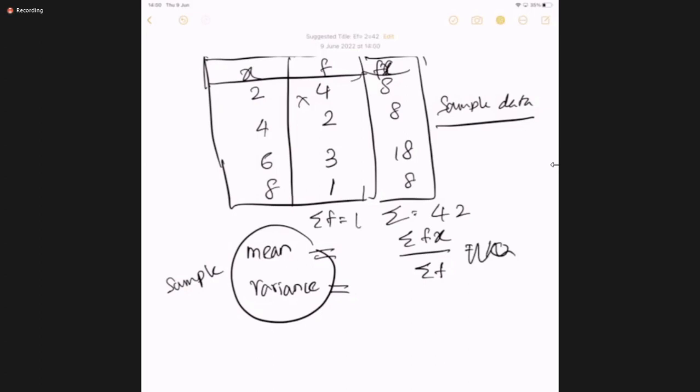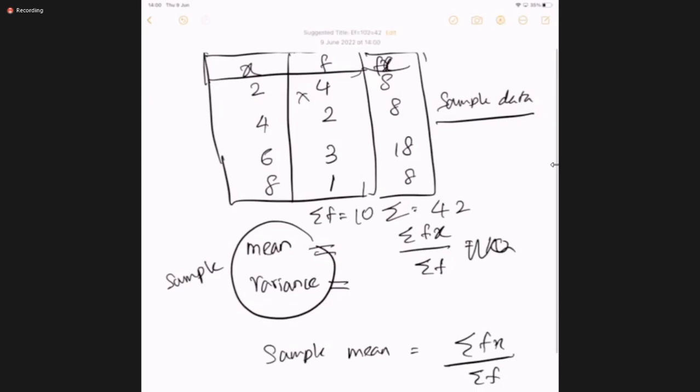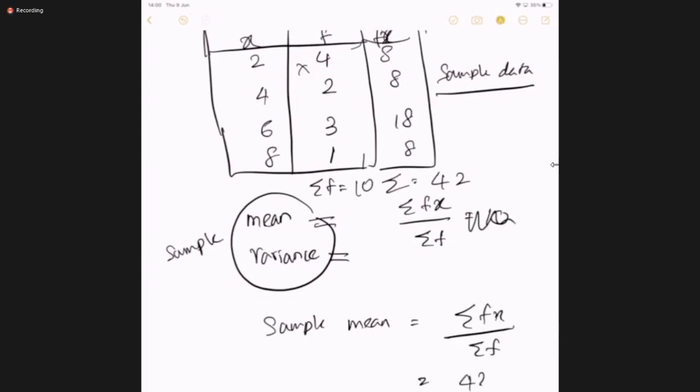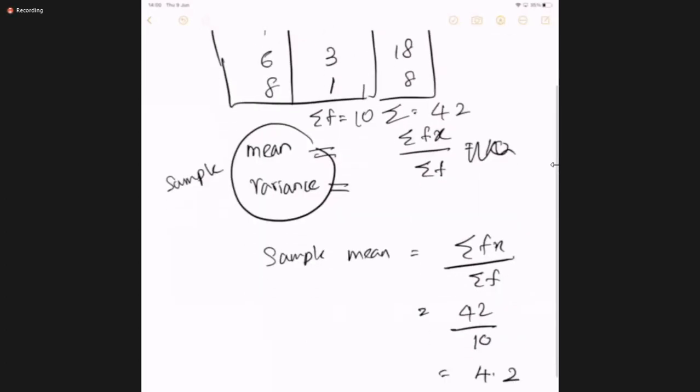Sigma f is 10. Now we will use the formula: sample mean is equal to sigma fx divided by sigma f, and sigma fx was found as 42 and sigma f was 10. Finally, we will get 4.2. Understand?